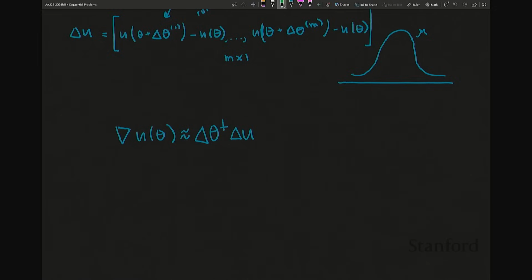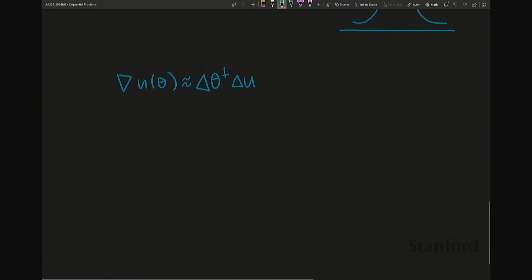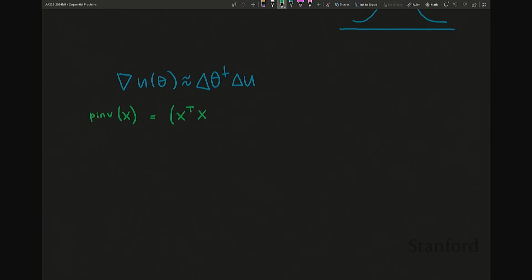And so when we do a pseudo inverse, like if we were doing the pseudo inverse of x, what this is going to work out to is the inverse of x transpose x times x transpose. And supposing that x is m by n, then x transpose will be n by m.